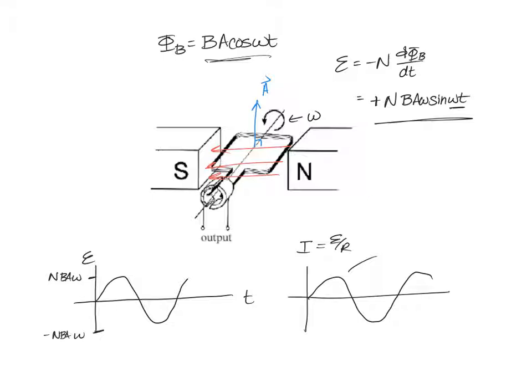But notice that this current is oscillating, or we could say alternating. And if you are familiar with the current that comes out of your wall, it is alternating current. It is changing as it has some alternating value to it.